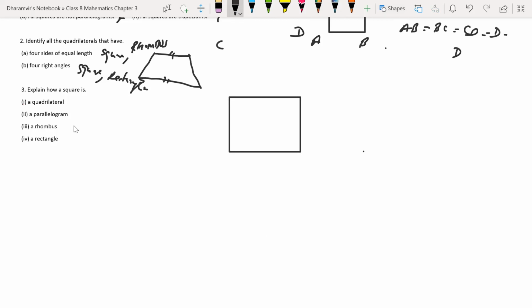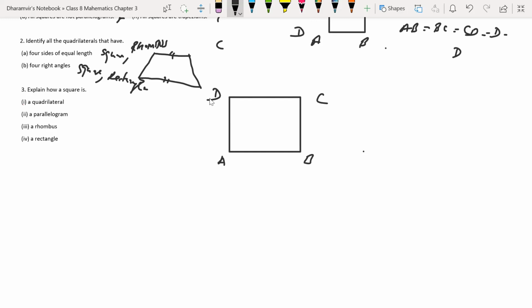Yes, a square is also a parallelogram because both pairs of opposite sides are of equal length. ABCD. So according to the property of the parallelogram, opposite sides are parallel and equal.